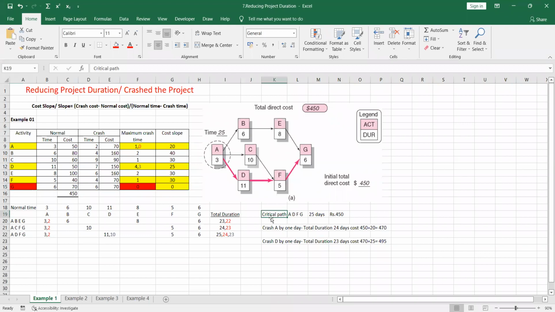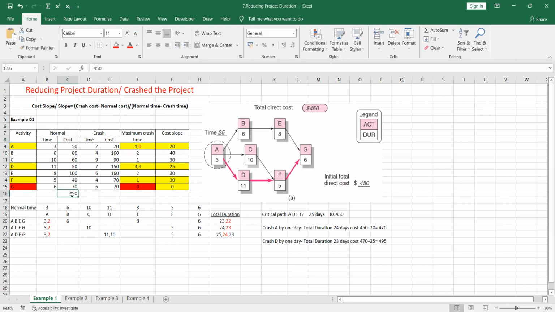So I have put down the critical path ADFG, and 25 days are there. After reducing this project duration, our aim is to identify the cost as well. When you are getting the cost and time, please remember that you have to take the normal time when you are drawing your project network, and you have to take the normal cost when you are calculating the cost for the project.